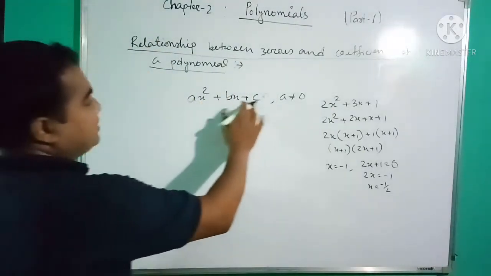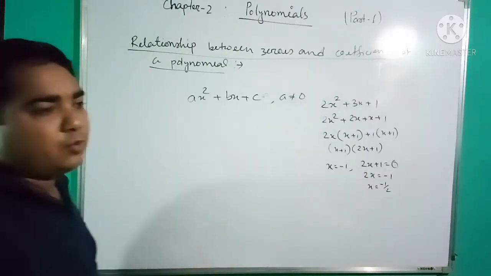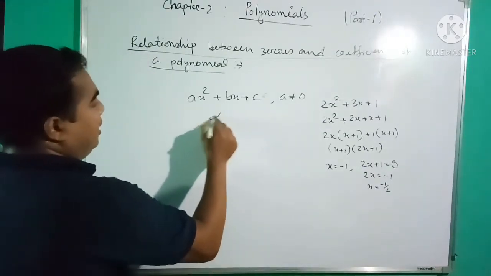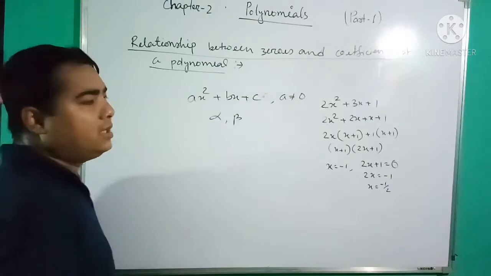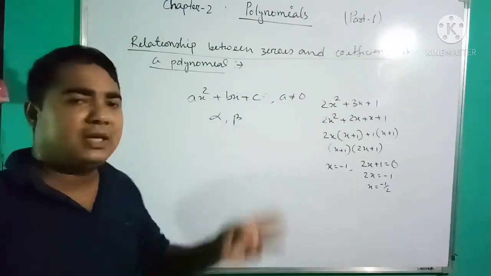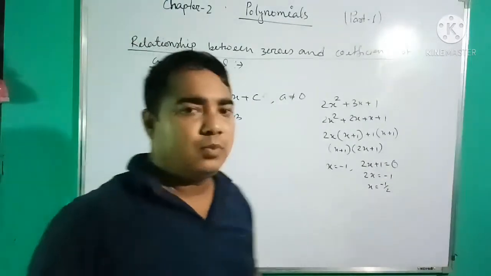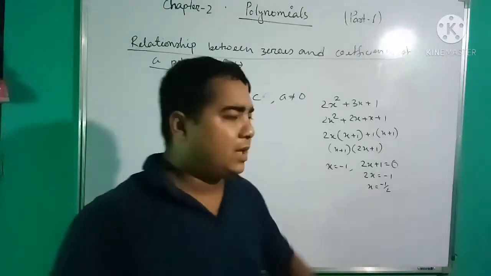If ax square plus bx plus c is a general quadratic polynomial, then alpha and beta are its two zeros. Let alpha and beta be the two zeros of the given polynomial, like minus 1 and minus half.